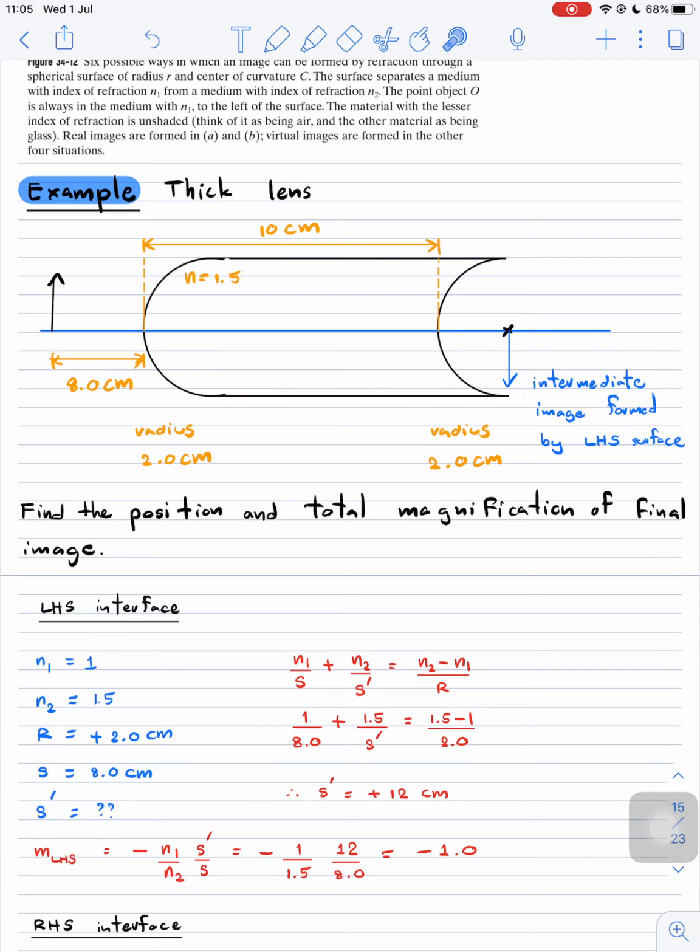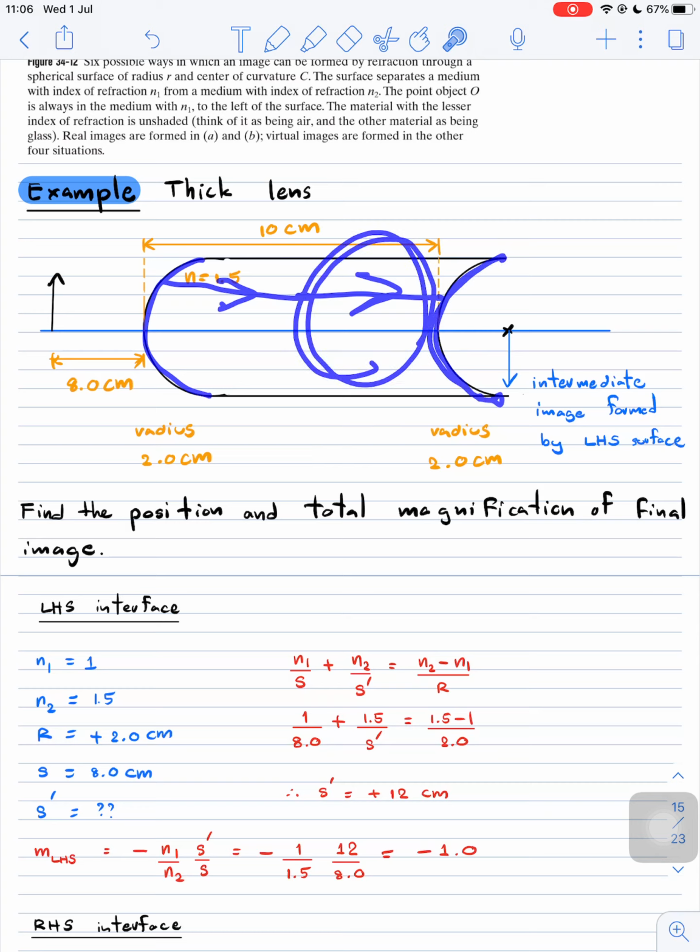But this is the interface between the two mediums here. The refracted light from this interface is going to be the incident light on this interface. In this case you can see that the incident light is on the left hand side of this interface. But we said that this image from the first interface is going to be the object for the second interface. But now this object is on the right hand side of this interface.